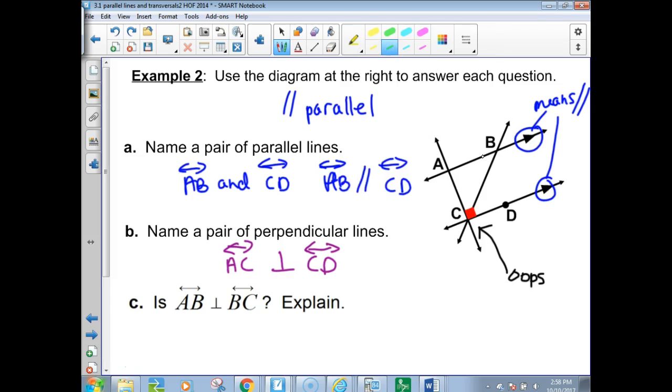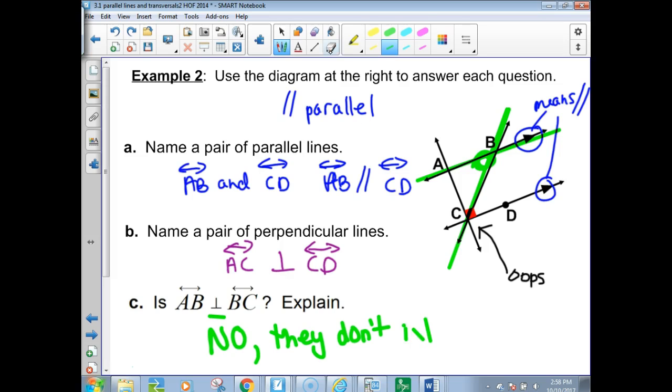Okay, now please look at what they're saying on the next one. Is line AB perpendicular to line BC? Are these perpendicular? Do you get a right angle right here? No. They do not intersect at a right angle.